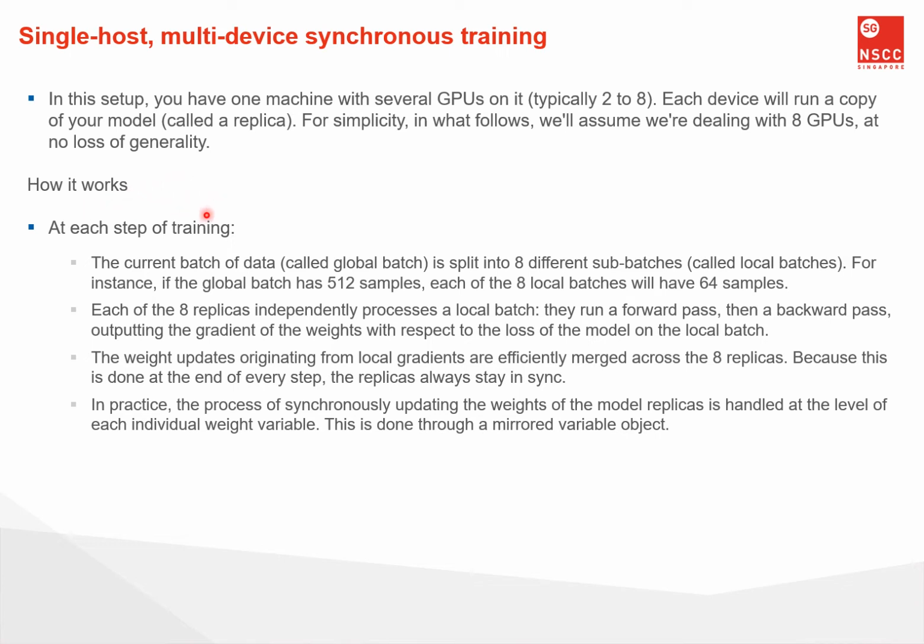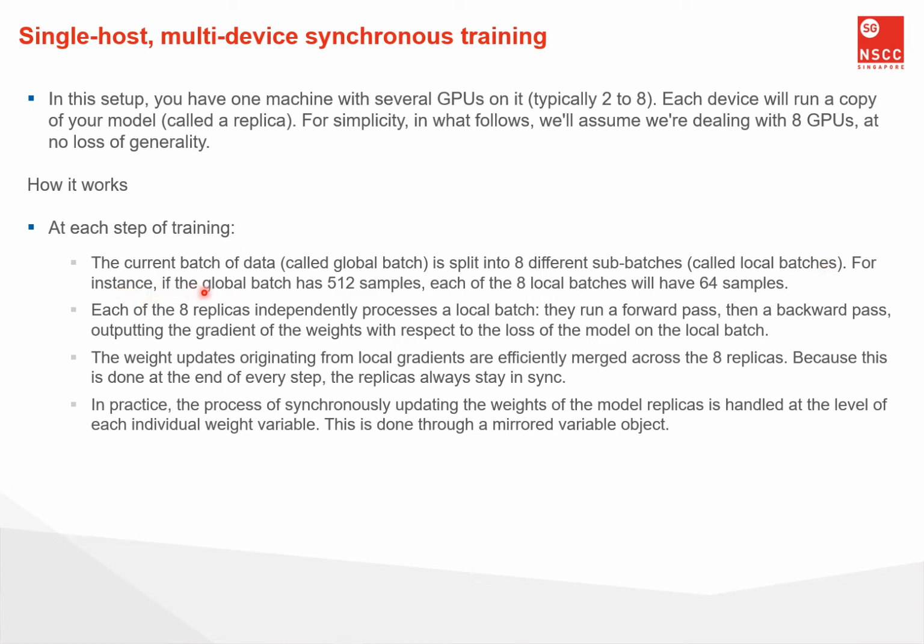At each training step, the current batch of data called the global batch is split into 8 different sub-batches or local batches. For instance, if the global batch has 512 samples, then each of the 8 local batches will have exactly 64 samples. That means 8 times 64 will give you 512. So we basically divide it into equal numbers for each of the local batches.